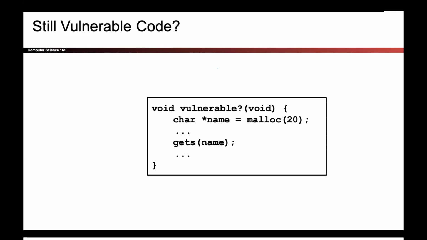Okay, someone tell me a reason why it's not vulnerable. A reason you might come up with for why maybe it's not vulnerable. Yeah? So the memory for name is stored in the heap, but I think the worst you can do is overflow the heap.